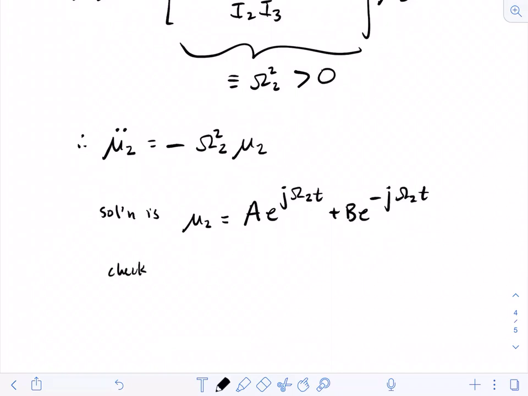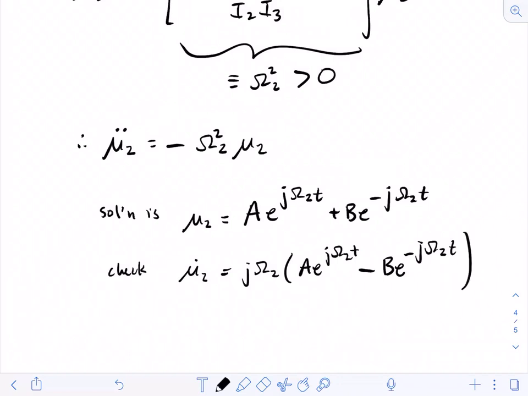We take one time derivative of mu 2. That brings down a j omega 2 for both terms, except for the second term we get a minus j omega 2. So we could write that as j omega 2 times a e to the j omega 2t minus b e to the minus j omega 2t.